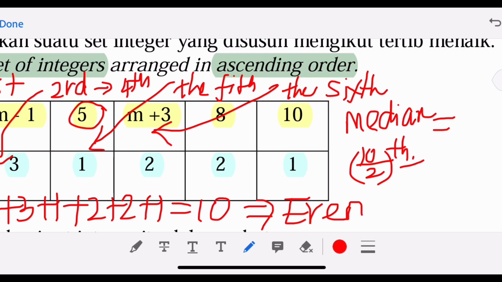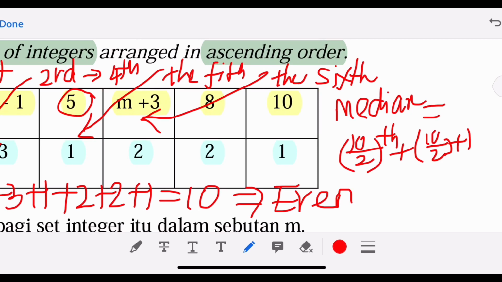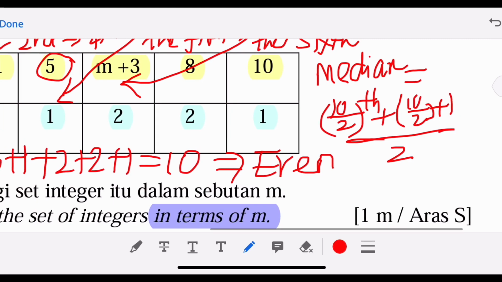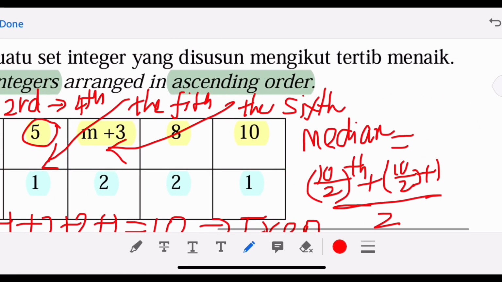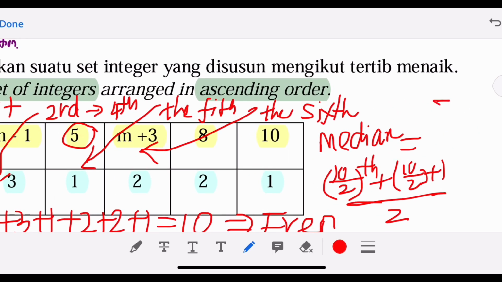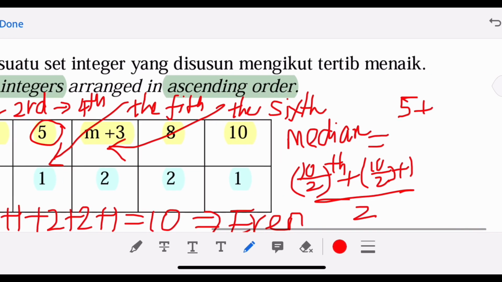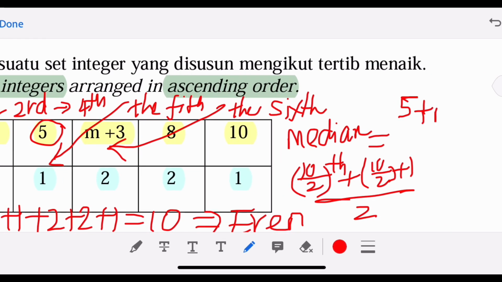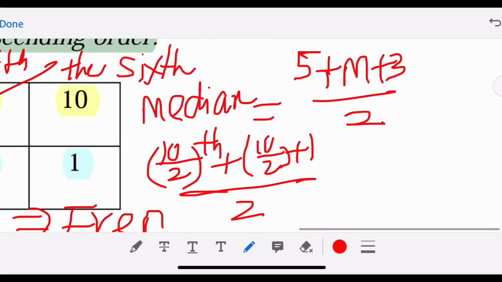So I explain to you again. 10 over 2 plus 10 over 2 plus 1, that is how you write. So I'm finding the average of the fifth term and the fifth plus 1, the sixth term. So I will take the fifth and the sixth term. The fifth term is 5 and the sixth term is m plus 3.